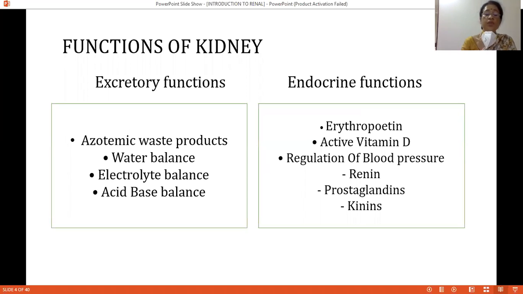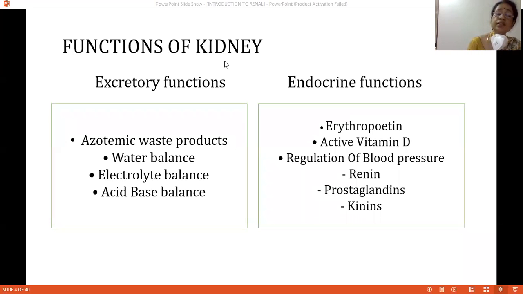Now you come to the functions of the kidney. You divide them into two: excretory functions and endocrine functions. In excretory functions, it balances water, electrolytes, and acid-base, and the waste products are excreted.